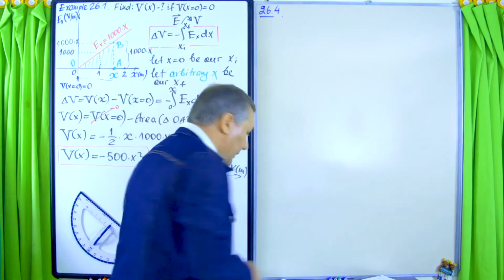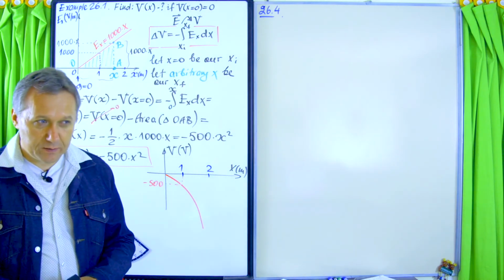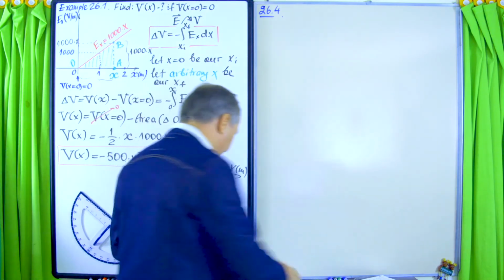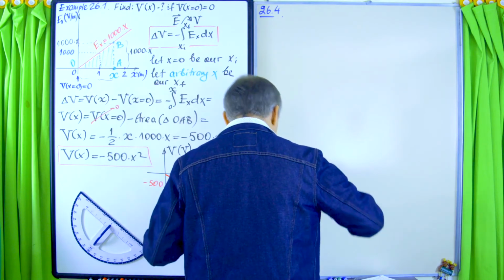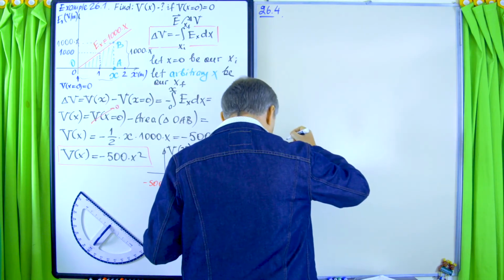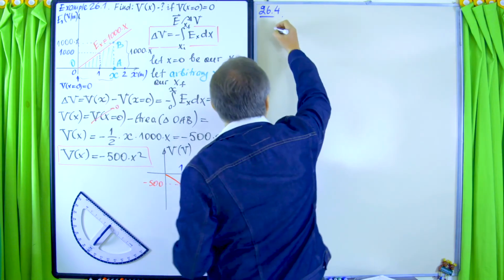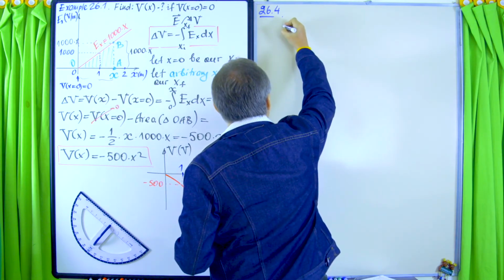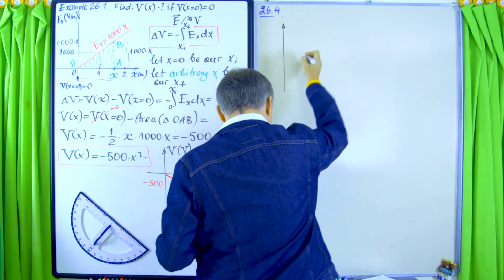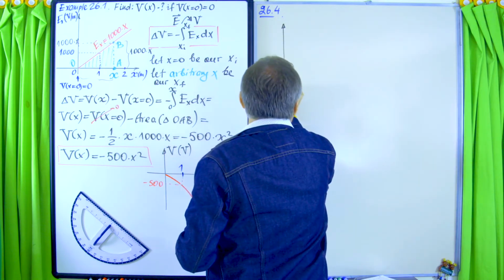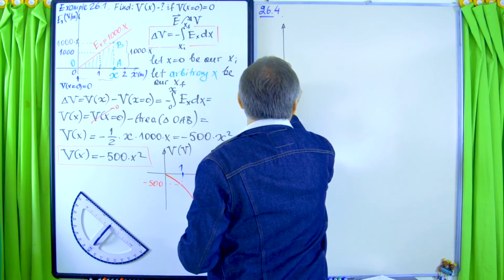So what is given? Information about the electric field is given. I need to plot it. I have to do it by hand, so I'll try to do my best.